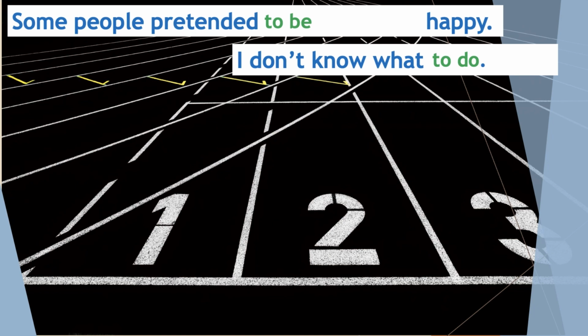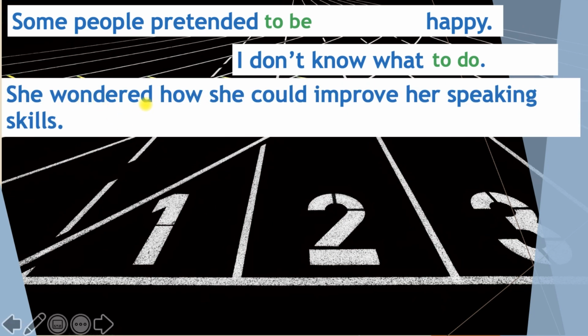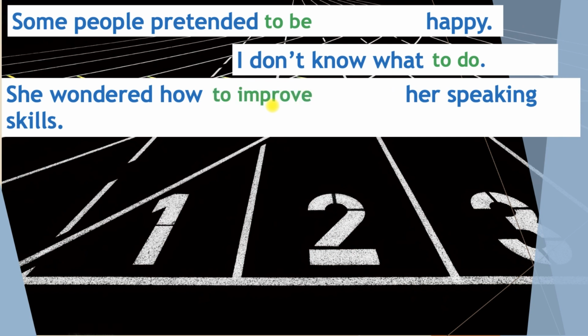Let's see the next example. She wondered how she could improve her speaking skills. Noun clause starts here. Subjects are the same, and there's a modal verb here. So we can reduce it into to improve. You see the change here, right? She could improve changed into to improve.